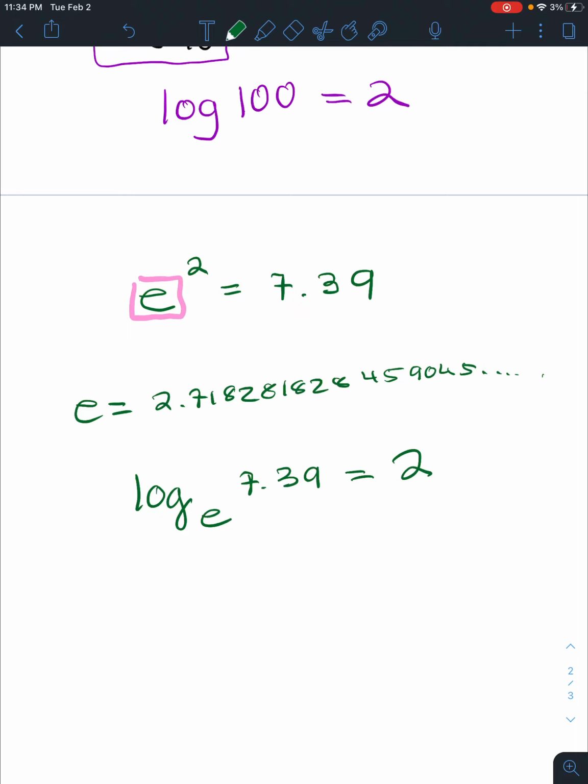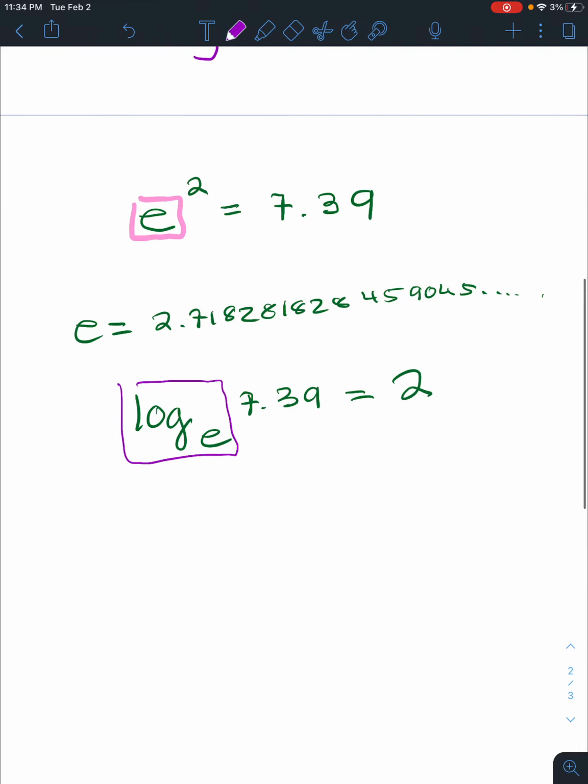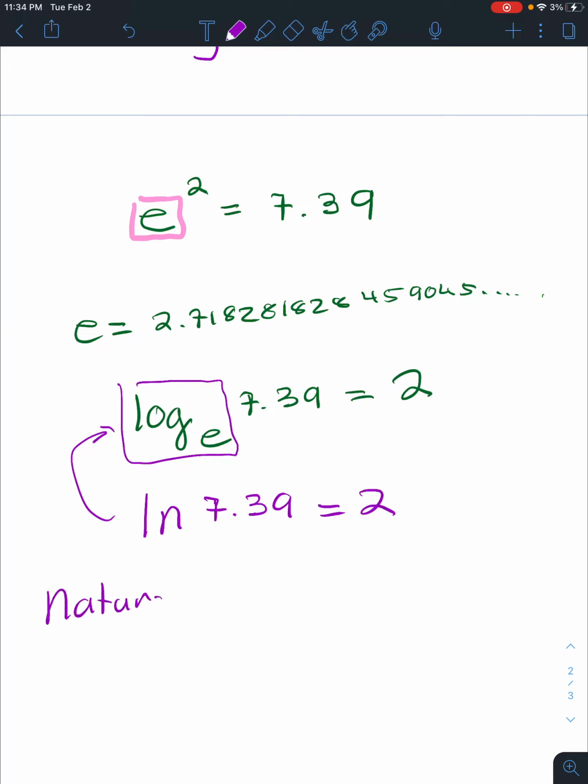So once again, mathematicians decided, I use this e so many times, let me think of a different notation for this. And to distinguish it from the common log, we are going to write something called ln. So ln is the same thing as log base e. So we would write this as ln of 7.39 equals 2. And what we call this is the natural logarithm.